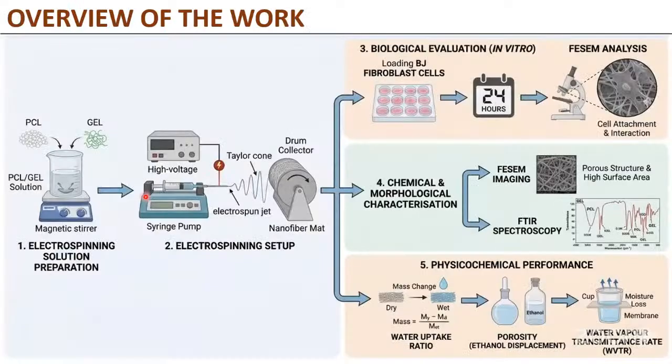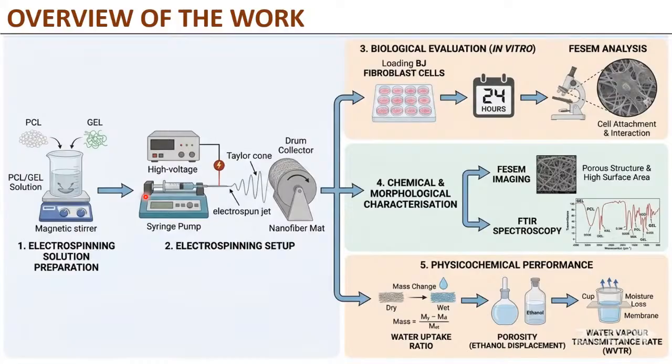This image provides an overview of the study we have been carrying out, starting with the preparation of solution using the two polymers, which we dissolve in glacial acetic acid until it formed a uniform solution. We took that uniform solution, put it through the electrospinning process, collected the fibers, and then used the fibers for characterization studies through FESEM imaging and FTIR spectroscopy.